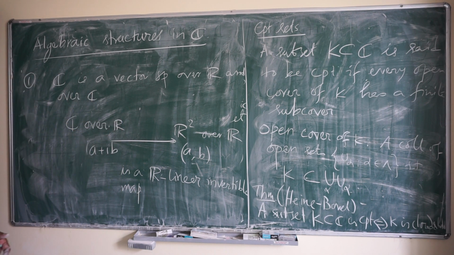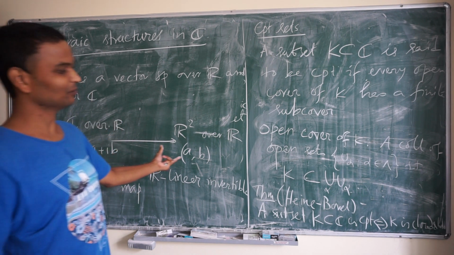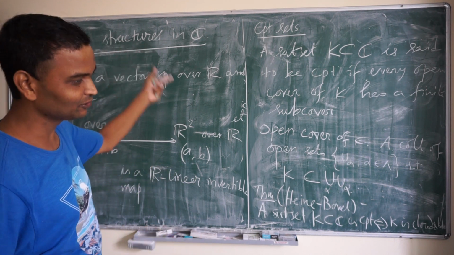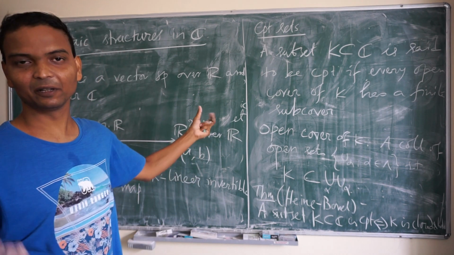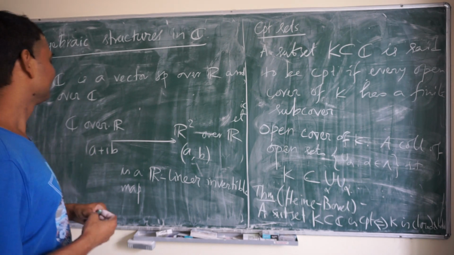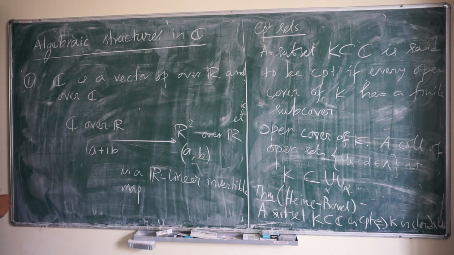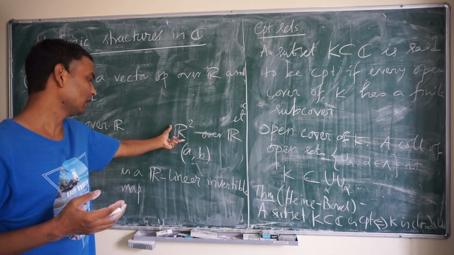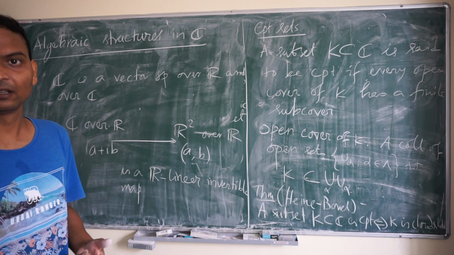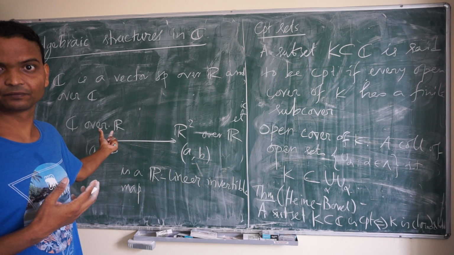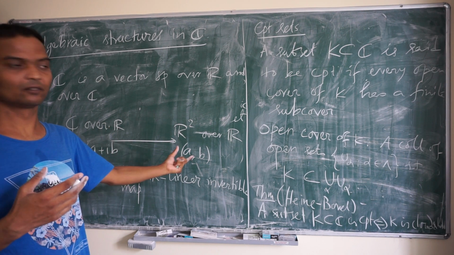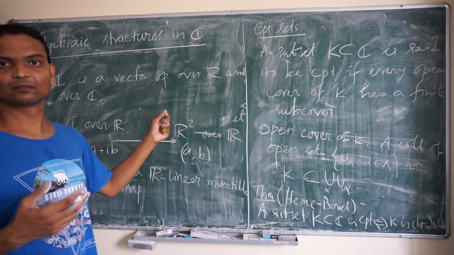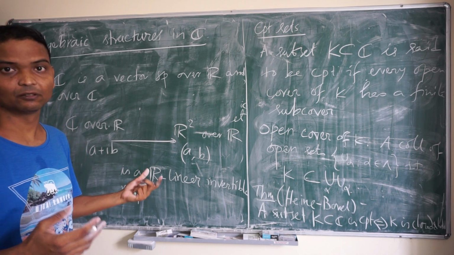Of course, this is also an isometry, as we defined the metric. So this is one structure, but when you consider C as a vector space over C, that changes its role. We cannot say R2 is a vector space over C, so there is something new here, which one should compare with R2 over R or C over R.